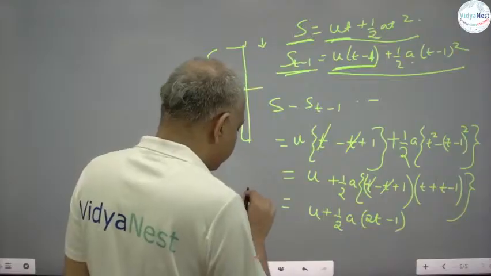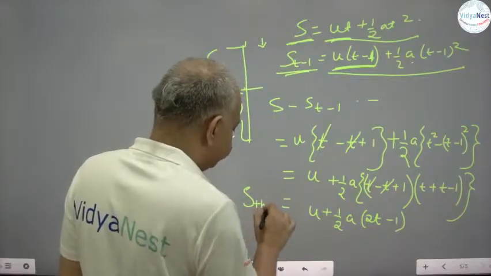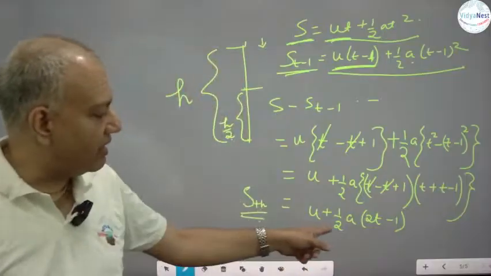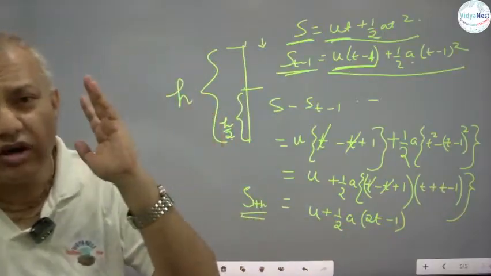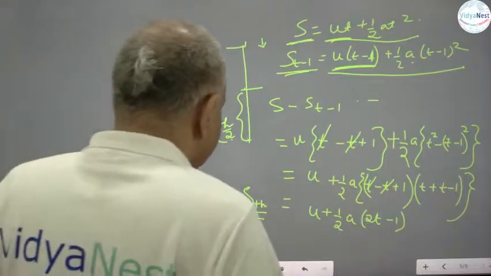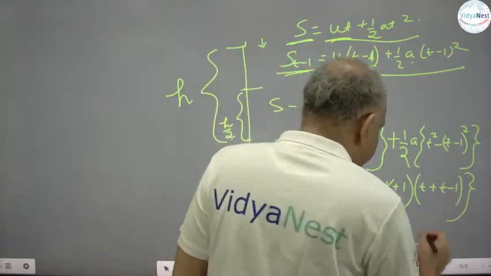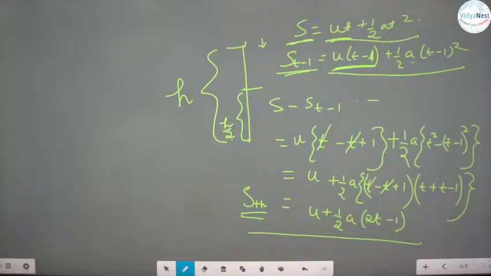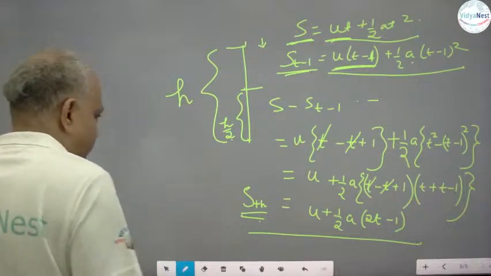The formula for the t-th second is equal to u plus half of a into (2t minus 1). Simple formula. You have to remember these formulas. I think you are understanding my point, isn't it? No problem. Very good.